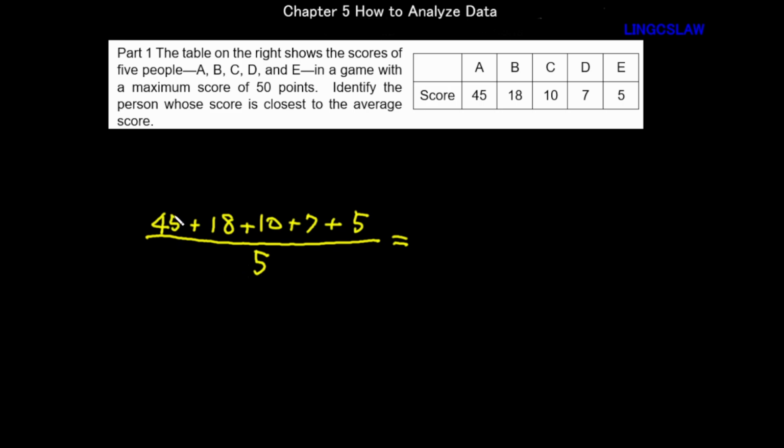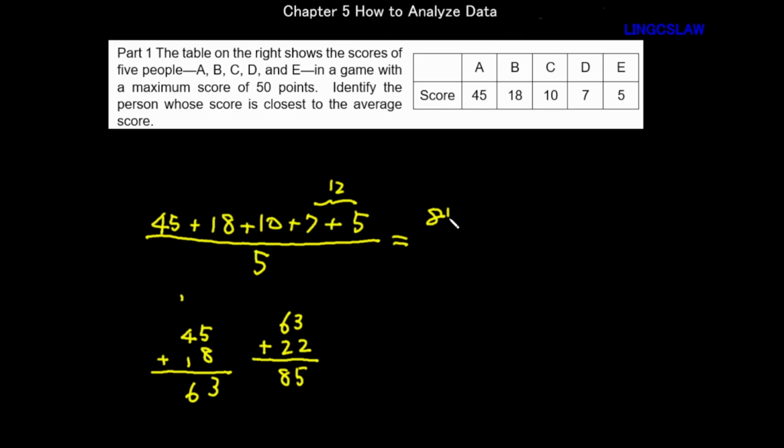So let's add up these numbers. The upper side number is 85 divided by 5. Now let's reduce these numbers. So the average is 17.